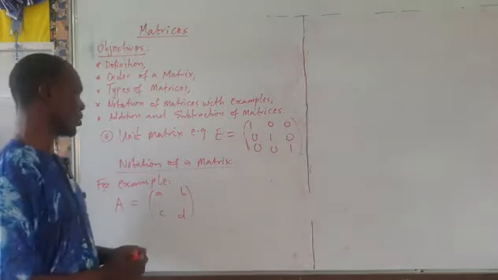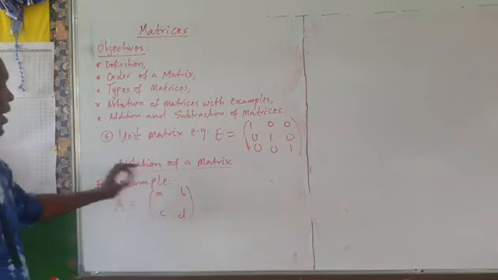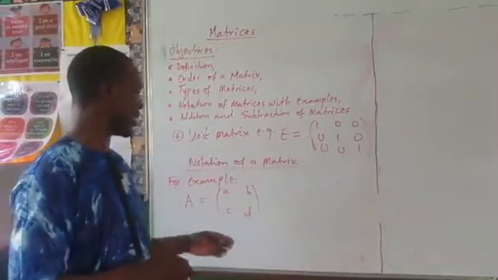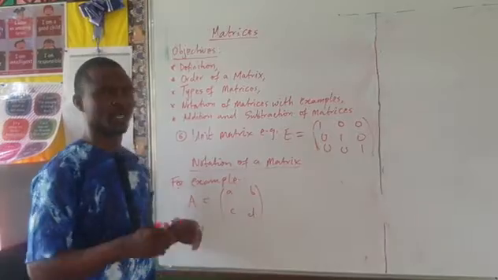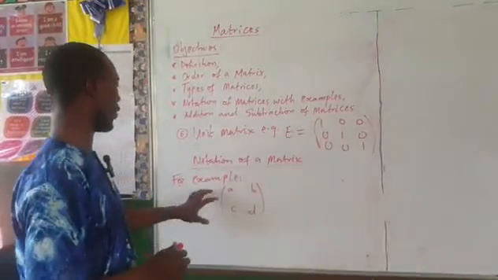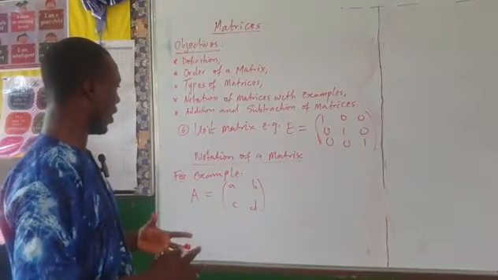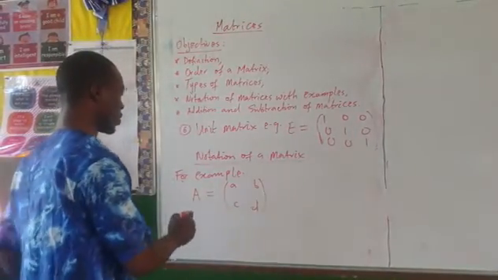Then the next one is, under this notation, we are going to look at the position of each of the elements in the given matrix. The position of elements and the notation of the matrix go concurrently.